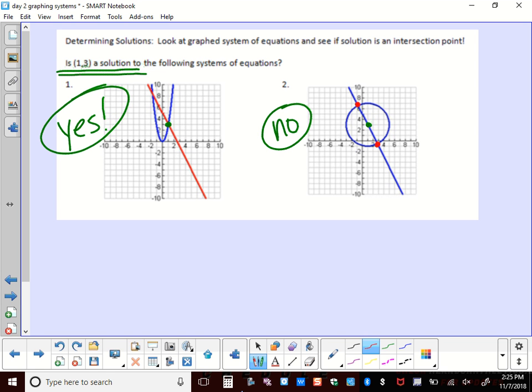No, it's not. The green point is not, but the two red ones are. I know, but they're asking is 1, 3 a solution? So I looked at point 1, 3 and it is not a solution. Does that make sense now?